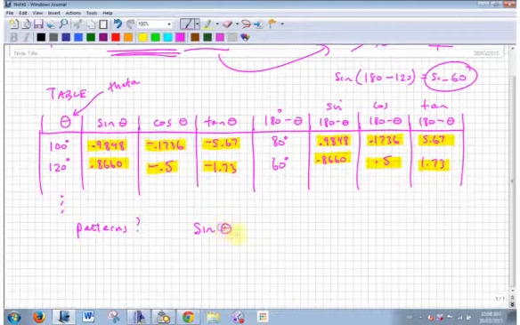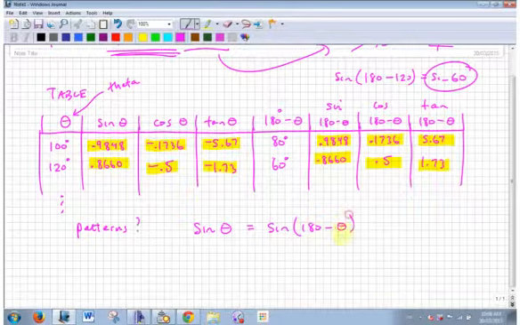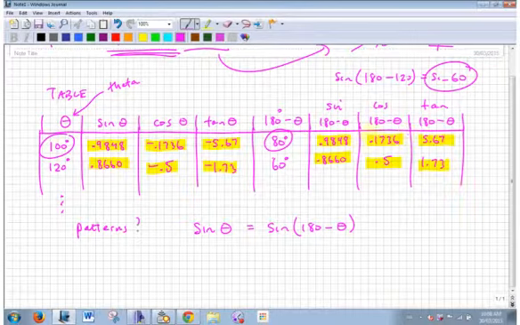So any obtuse angle theta is going to be the same thing if I take it and subtract it from 180. Okay, that's what we saw, wasn't it? If I had 100, and if I subtracted 100 from 180, I get 80, and the sine values were the same.